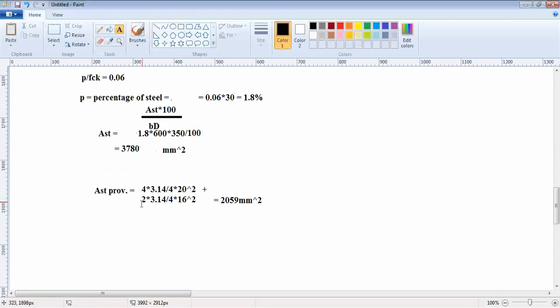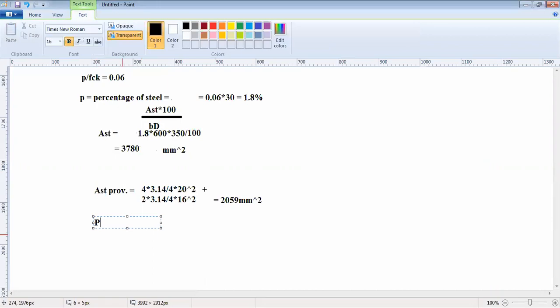If you provide 8 numbers of 25 mm bars, then you are getting 3925. Provide 8 number 25 bars for case 2.